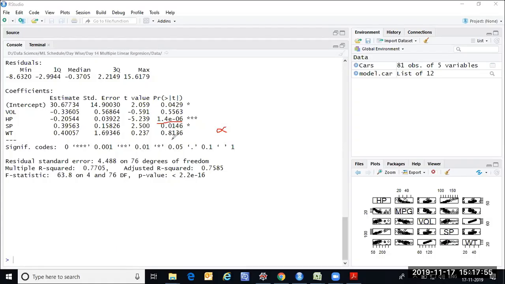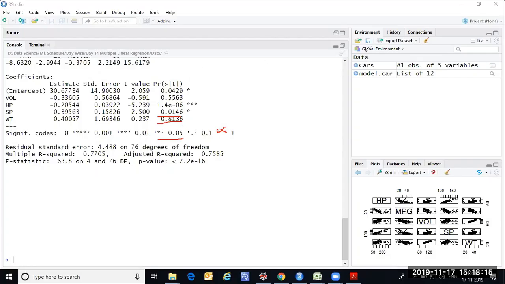So any of these are more than the significance level? 0.5563 for the volume and 0.8136 for the weight.